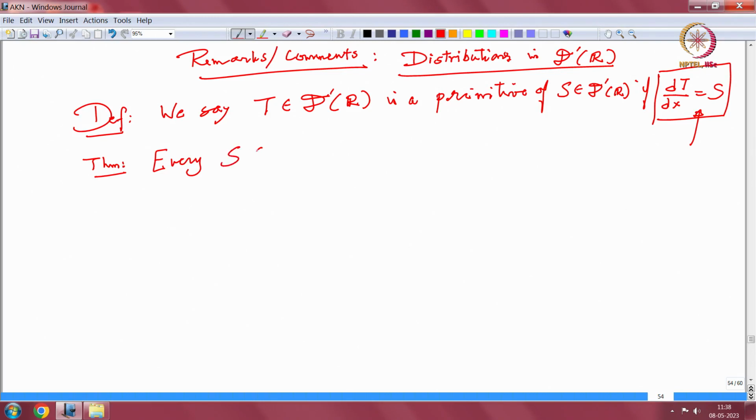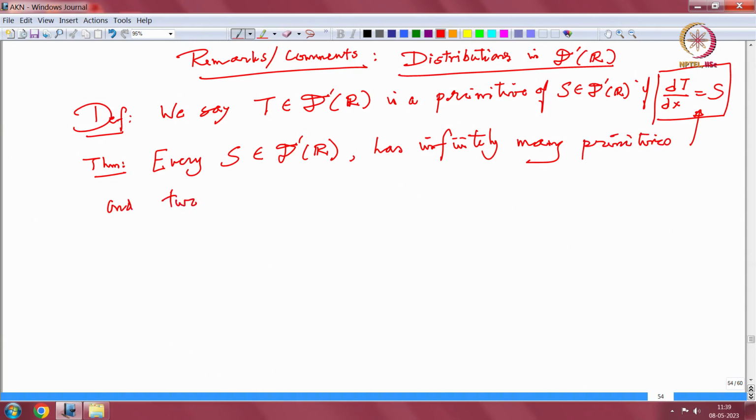Every S in D prime, even if I do not write R, we are dealing with R, has infinitely many primitives, which you know in the case of functions, and two of them differ by a constant in the sense of distribution.